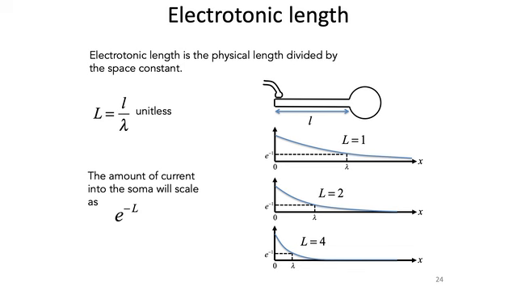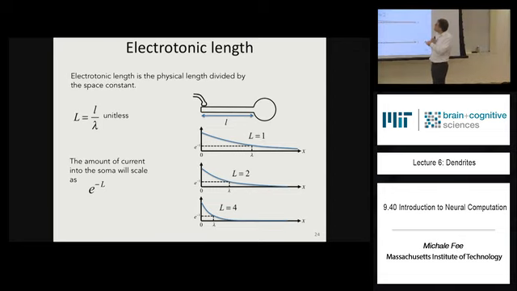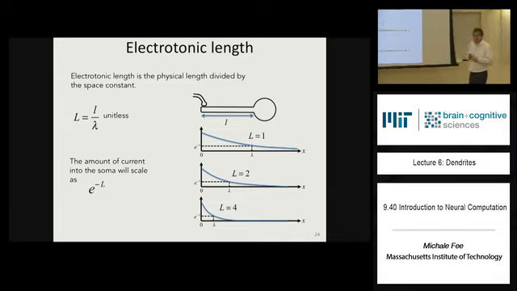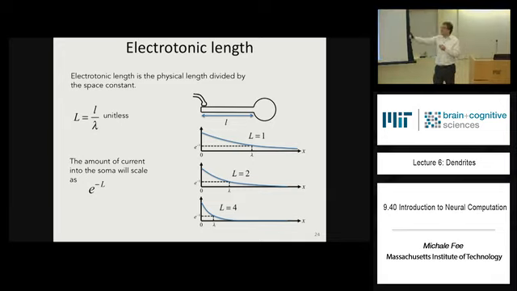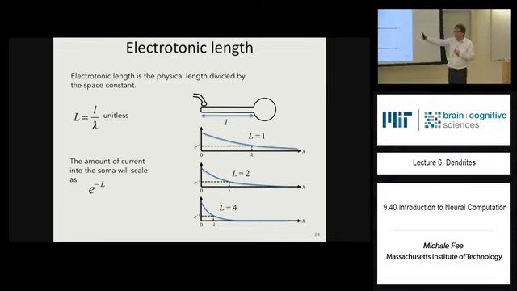Okay? So a piece of dendrite that has a low electrotonic length means that the synapse out here at the other end of it is effectively very close to the soma. It's very effective at transmitting that signal. Okay? If the electrotonic length is large, it's telling you that some input out here at the end of it is very far away. The signal can't propagate to the soma.